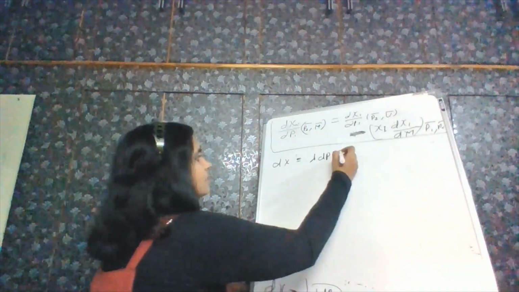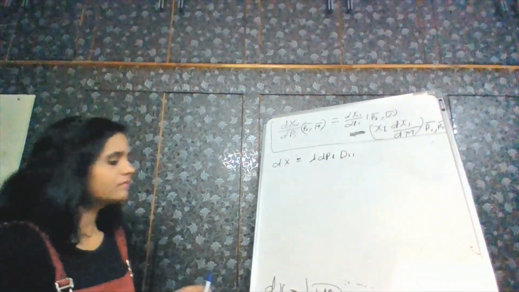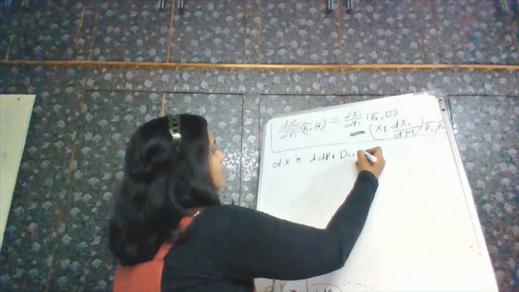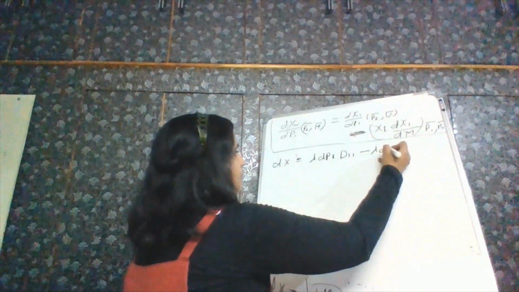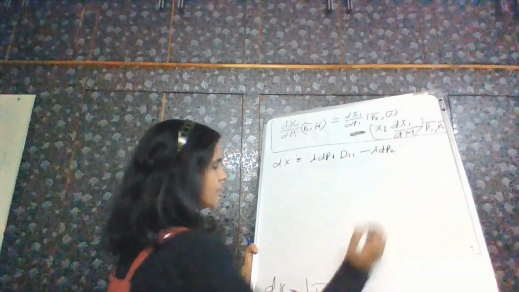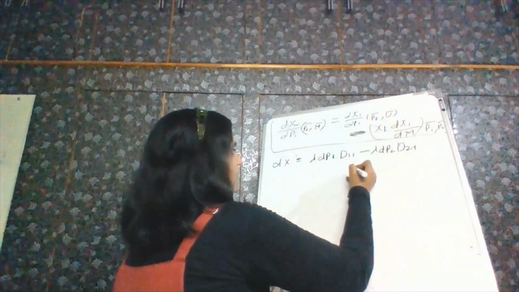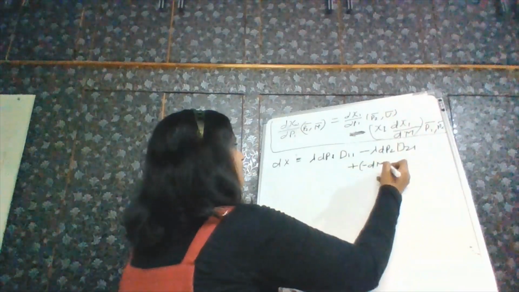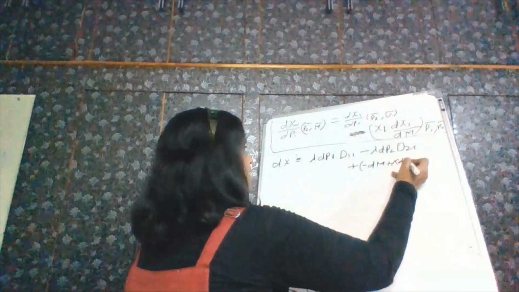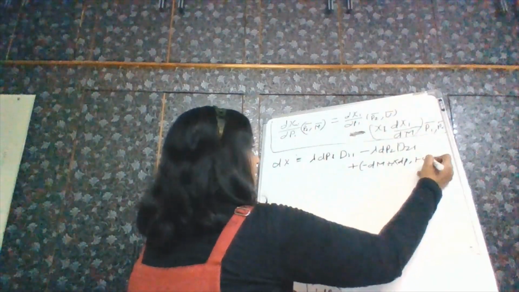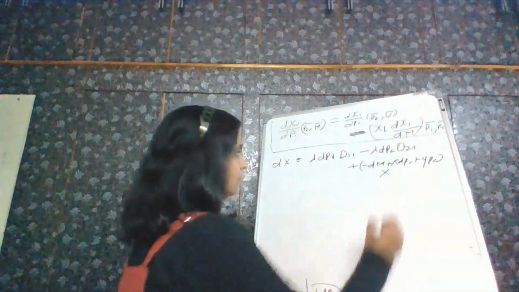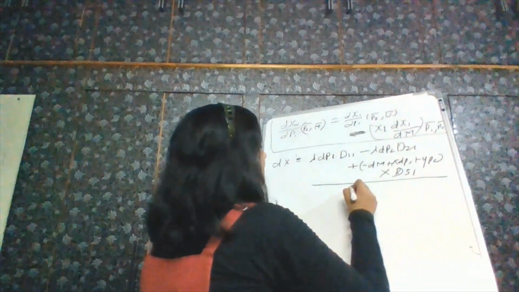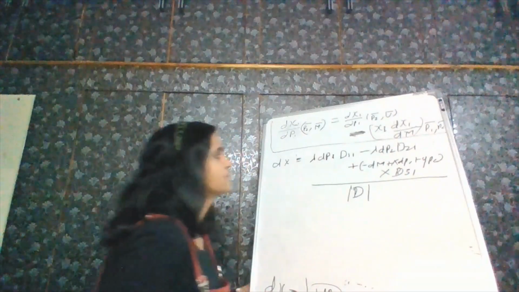This is your d11, determinant 1. For d11, this will be the value, and then you take lambda dp2, this one, then this is d21, and plus you take the third one, which is minus dm plus x dp1 plus y dp2 into determinant of third, d31, divided by d.